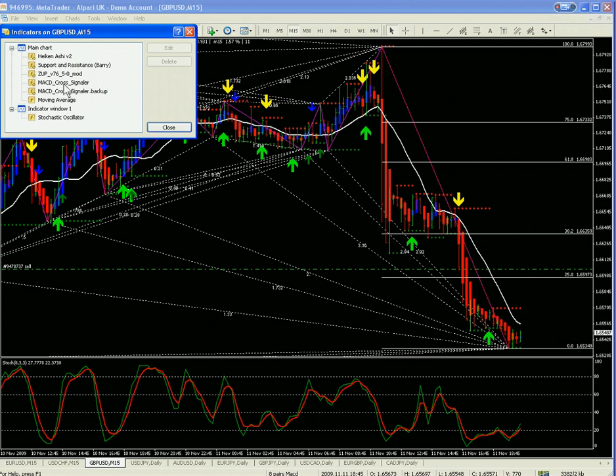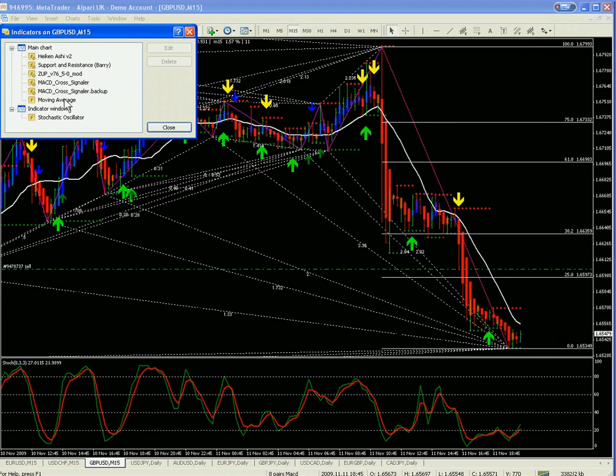The larger arrows are the cross signaler, the smaller arrows are the blue arrows. The large arrows are indicating that the acceleration indicator has either gone above or below its zero line, whereas the other cross signaler indicates momentum above or below its zero line.